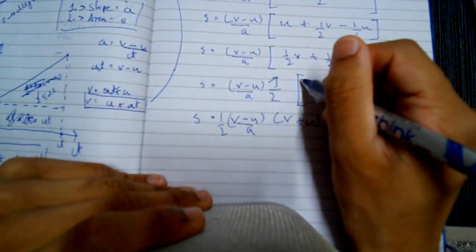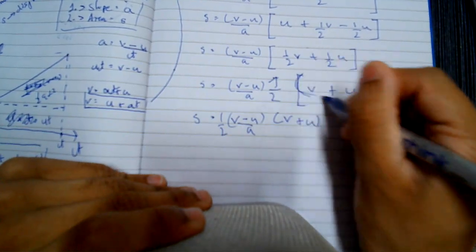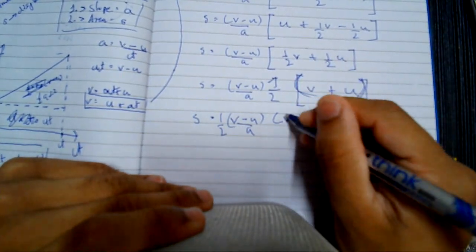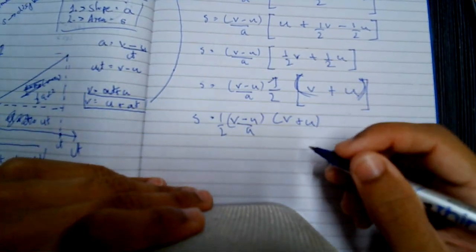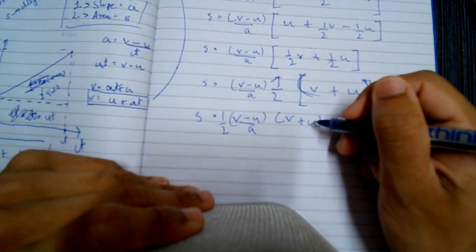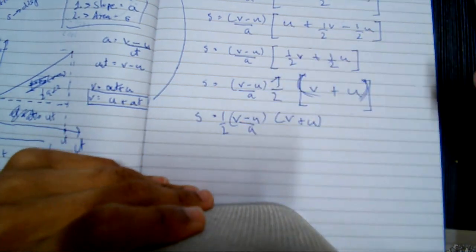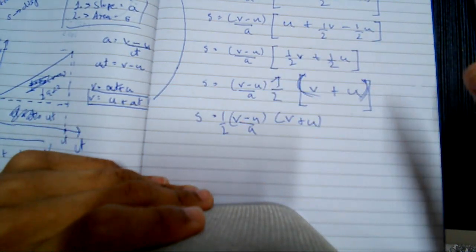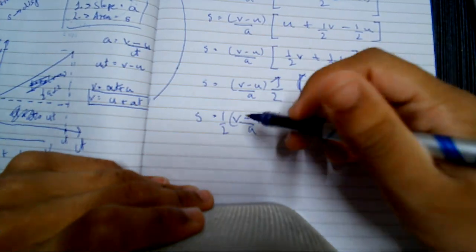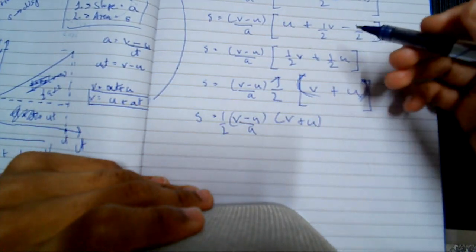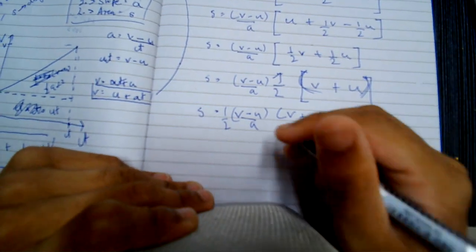You realize I just changed the bracket shape over here. Cool. Now this is v minus u into v plus u, which is the same as a minus b into a plus b. That identity gives us a squared minus b squared. So that means v minus u into v plus u should give me v squared minus u squared.